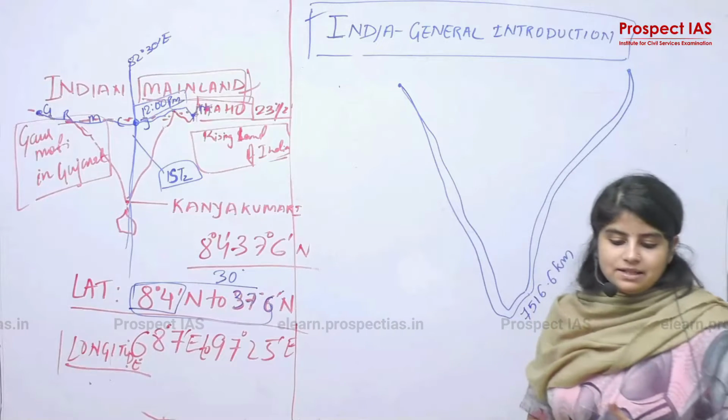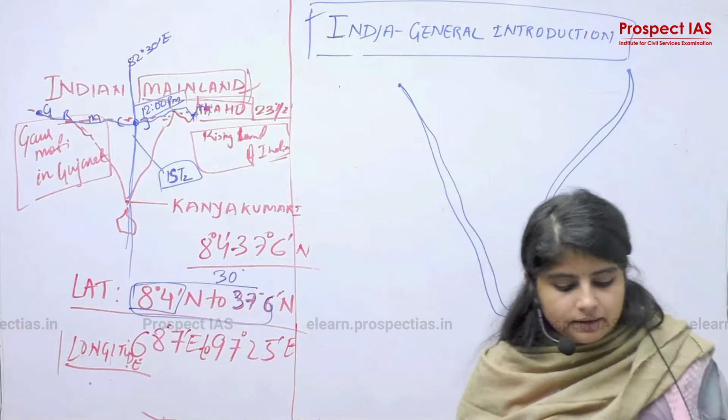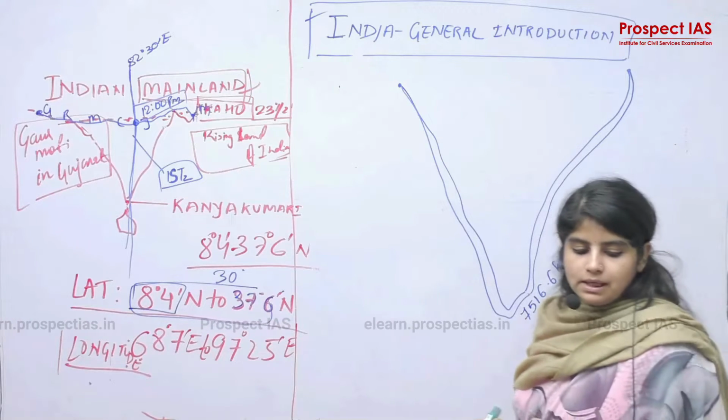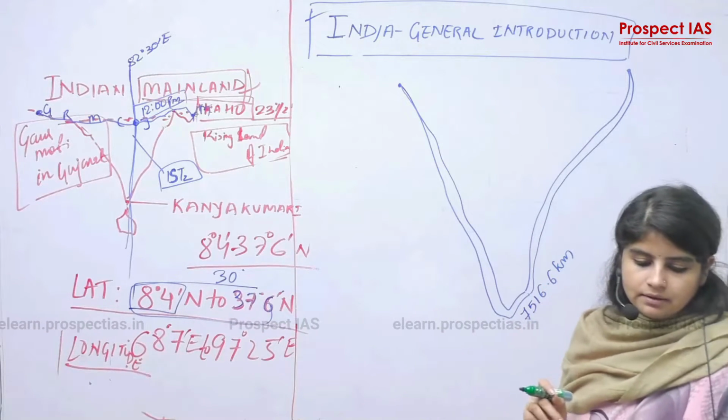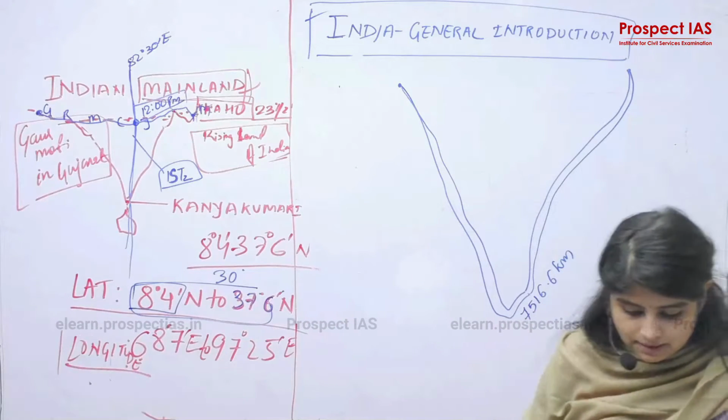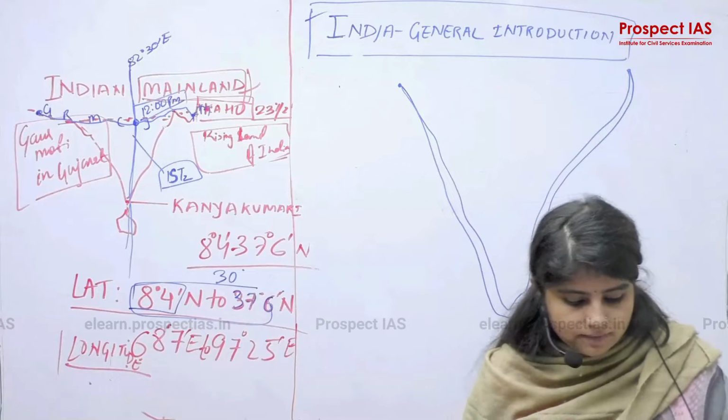This is the vast stretch. Write it down, the first line: the total length of the coastline is 7,516 kilometers.